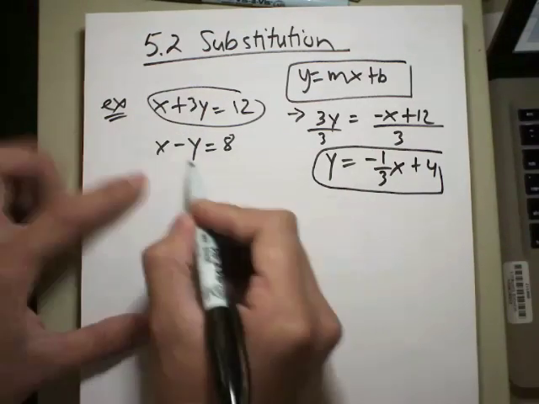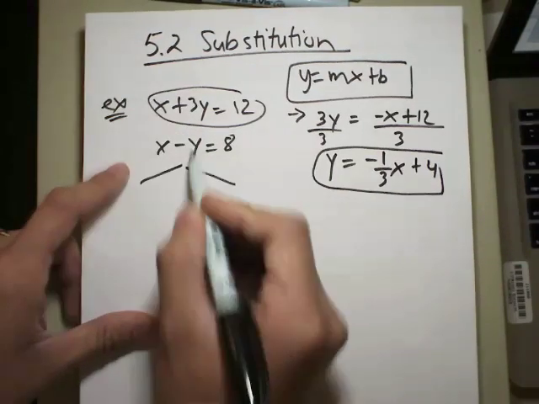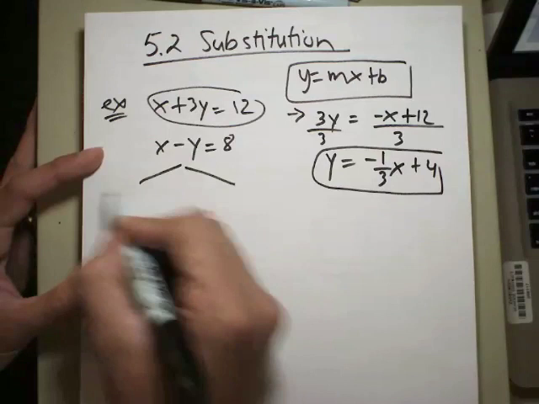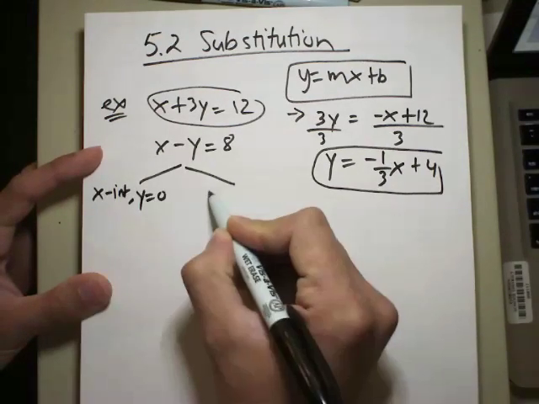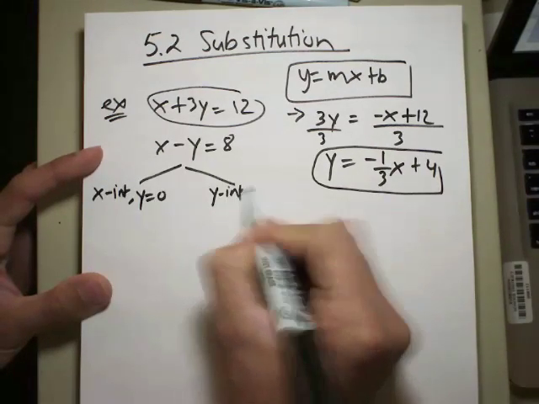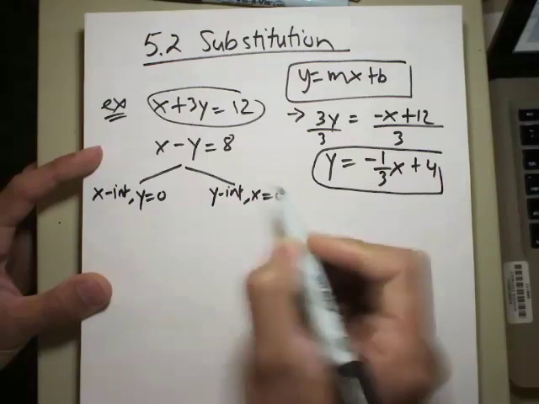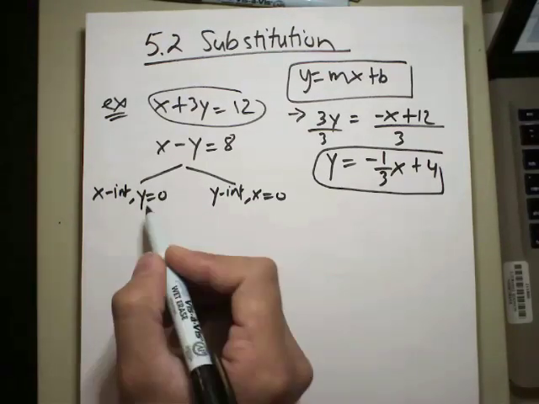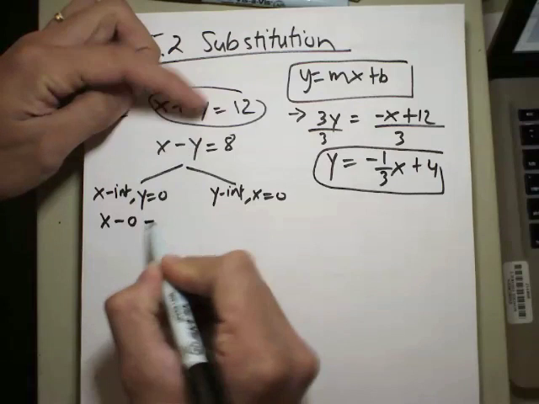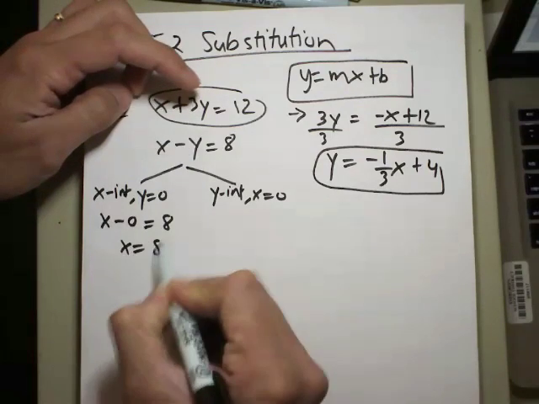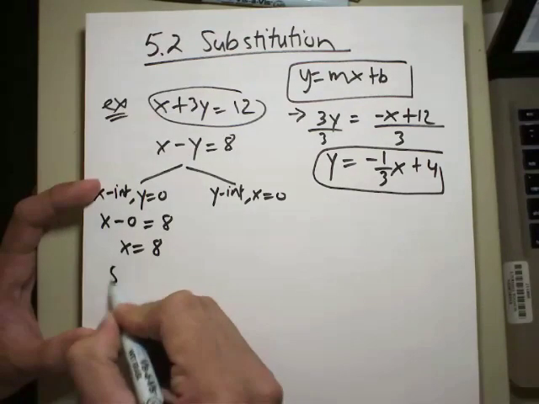Now I'm going to show you how to get the x and y-intercepts. Remember, for the x-intercept, we set y equal to 0. And for the y-intercept, we set x equal to 0. So with that in mind, when I substitute y with 0, my equation is going to look like this: x minus 0 equals 8, or x simply is 8. So for that point, it's going to be (8, 0).